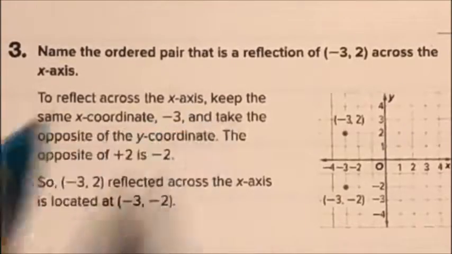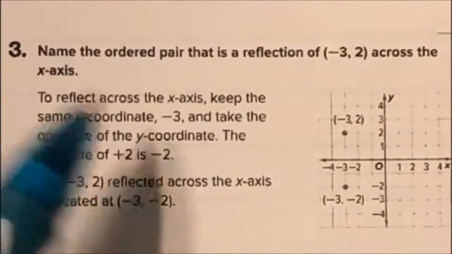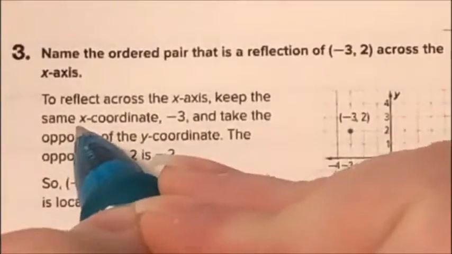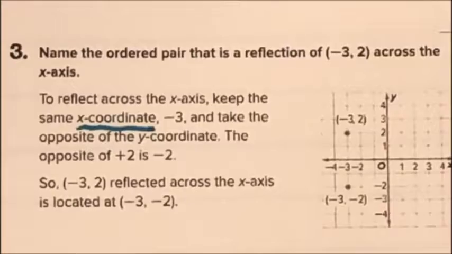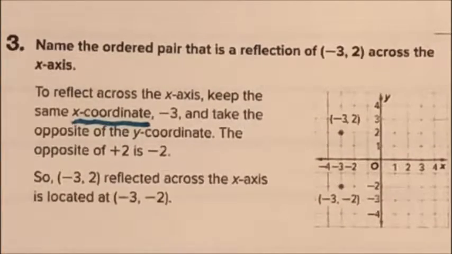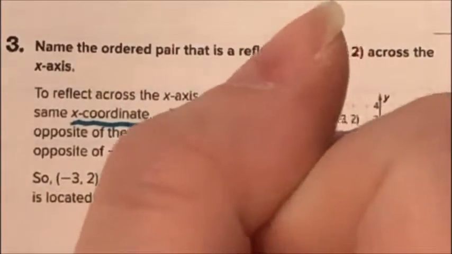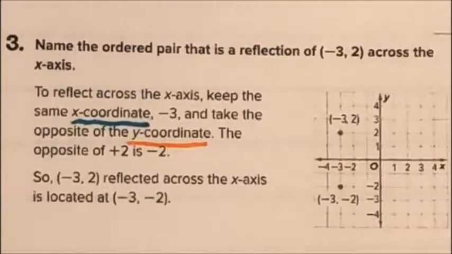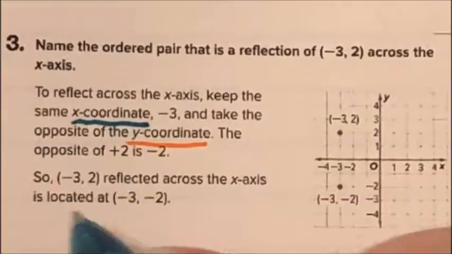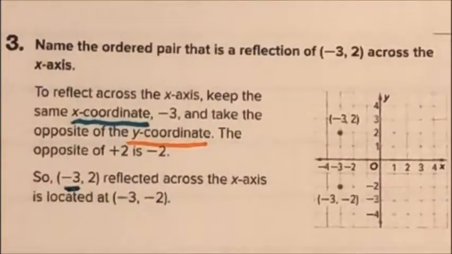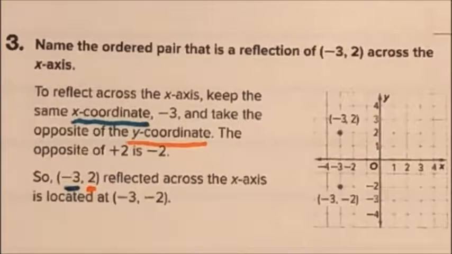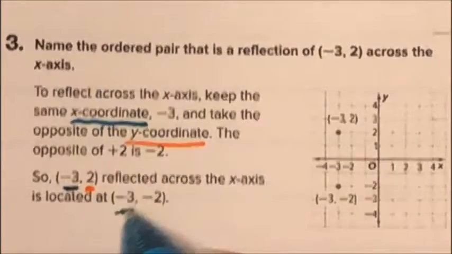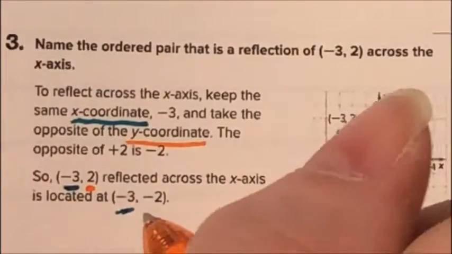To reflect across the x-axis, I keep the same x-coordinate, so my x-coordinate stays the same, -3, and I take the opposite of the y-coordinate. So the opposite of 2 is -2. So (-3, 2) reflected across the x-axis is located at (-3, -2).